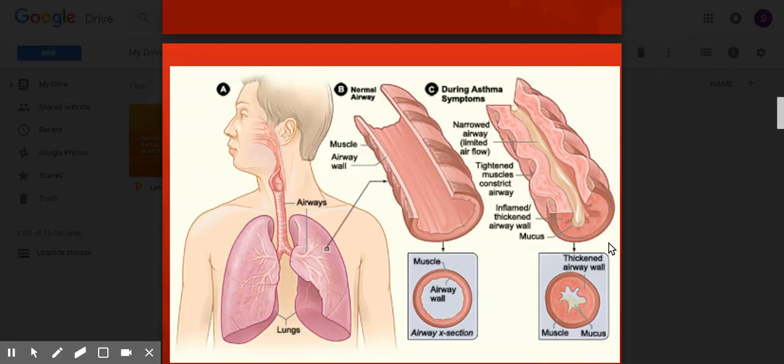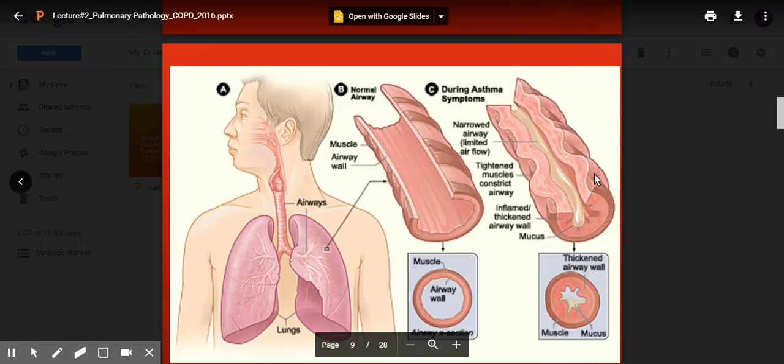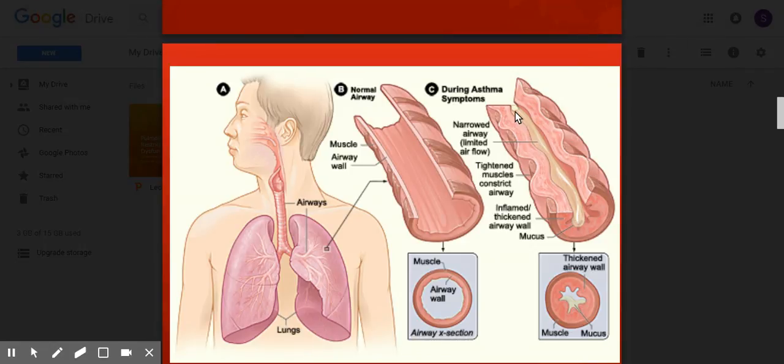So again, why asthma is categorized as an obstructive lung condition is the fact that airflow is impeded as a result of constriction of the smooth muscles and the buildup of mucus in the airway, again, as a response to some type of irritant. Here's a cross section of that airway showing the normal open airway followed by a constricted airway because of smooth muscle contraction, followed by inflammation and a release of mucus.